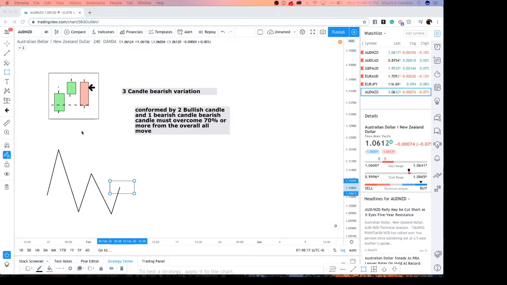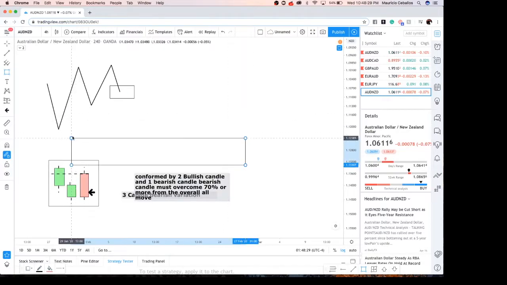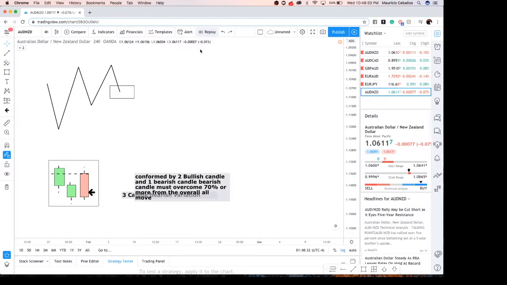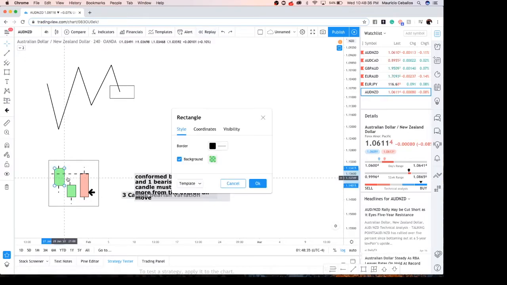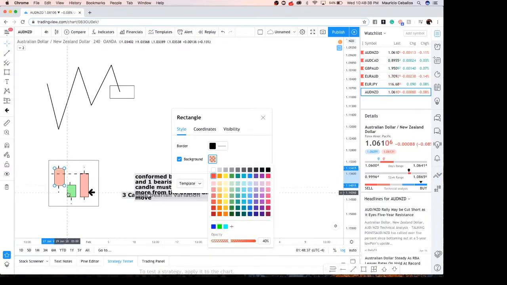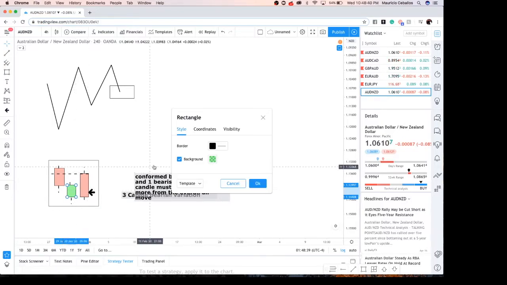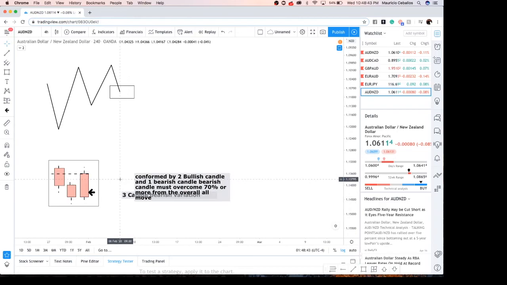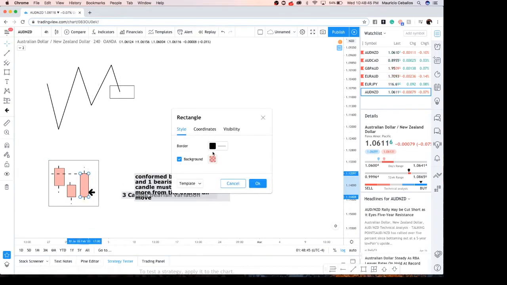Now when it comes to this aspect, you have the 3 candle bearish variation the same way you will go ahead and have our inverse. Okay, now what would be our inverse? The inverse would be 3 candle bullish variation. Okay, so 3 candle bullish variation would be conformed by 2 bearish candles and 1 bullish candle.